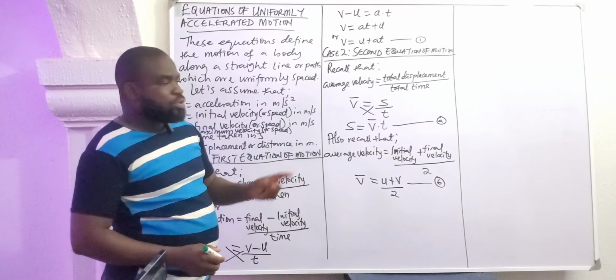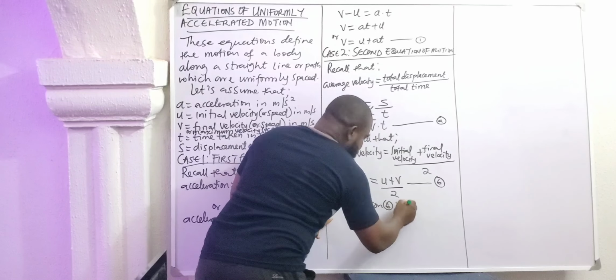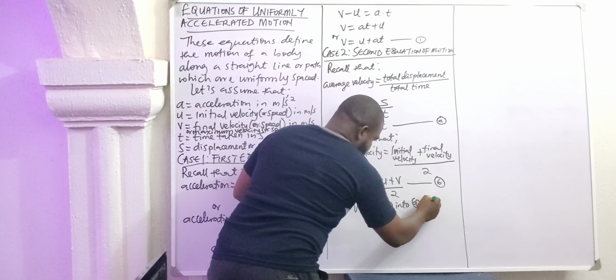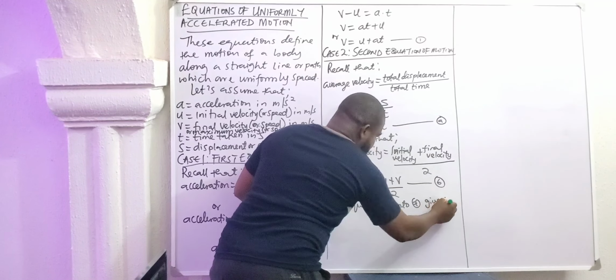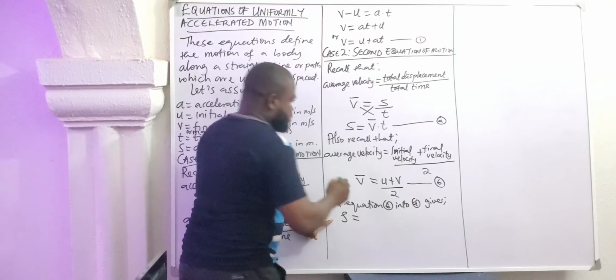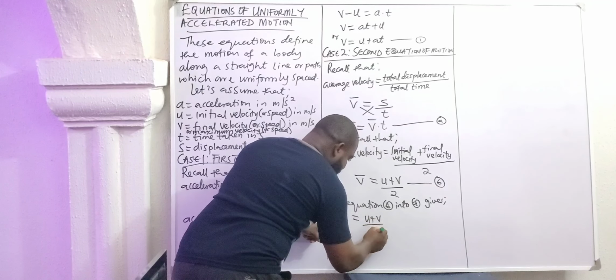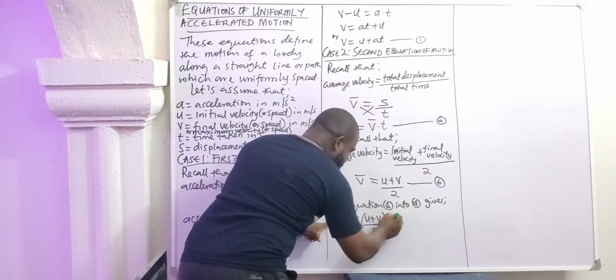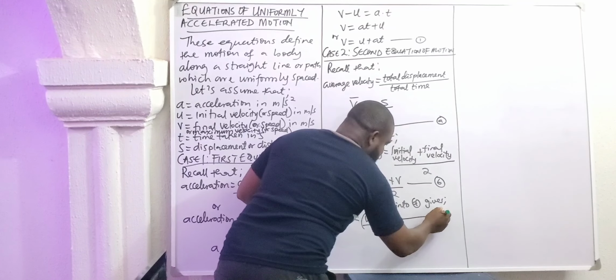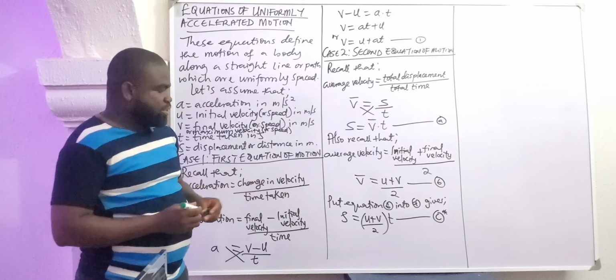So we will substitute equation B into equation A. So we say put equation B into equation A gives that S is equal to, in place of V bar, I will put U plus V over 2 multiplied by T. Let's call this equation C, and I will star it or asterisk it for a reason.